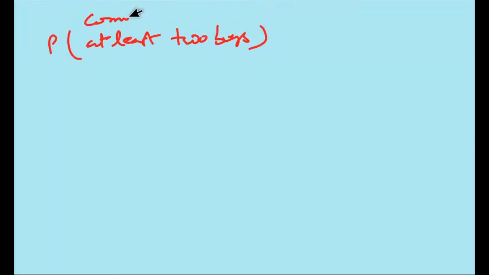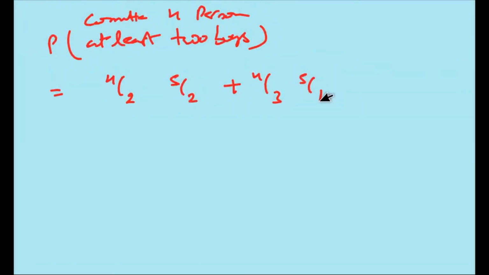Committee of 4 persons where at least 2 are boys. So what you have to do: in 4 persons you have to select 2 boys and the rest 2 girls, or you have to select 3 boys and the rest 1 girl, or you have to select 4 boys and no girls.